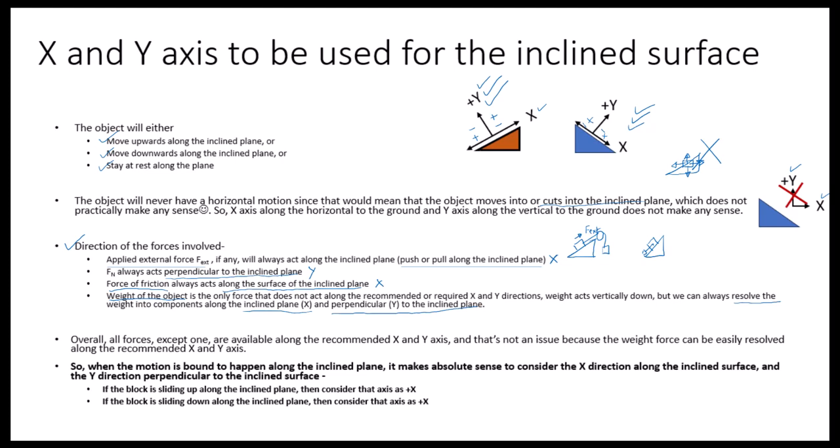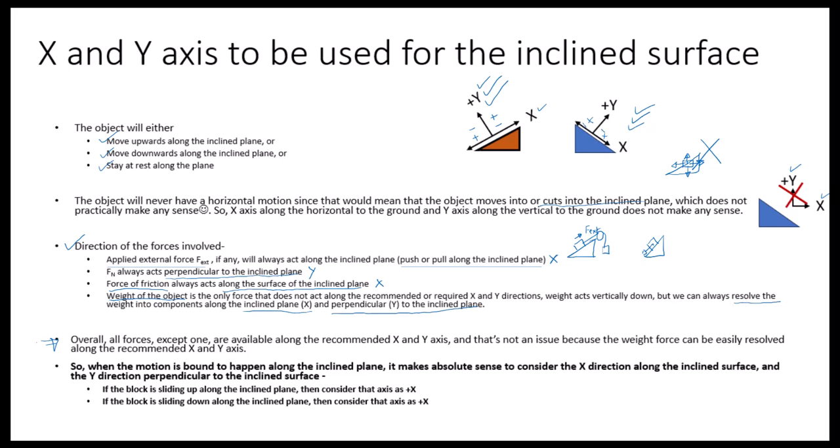All right. So here I mentioned that all the forces are already aligned with the required x and y direction except the weight, which we can resolve easily. And when the motion is bound to happen along the inclined plane, it makes absolute sense to consider the x direction along the inclined surface and the y direction perpendicular to the inclined surface.